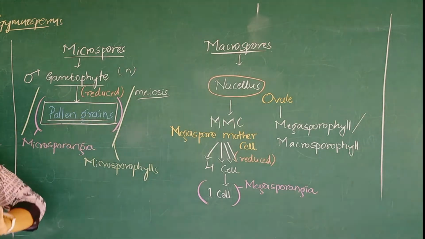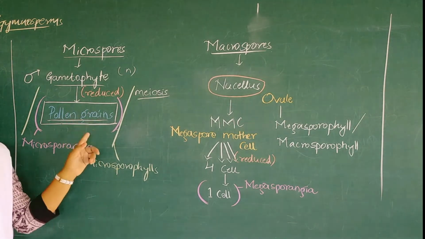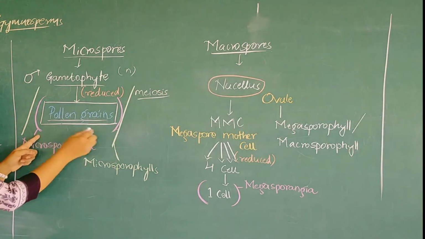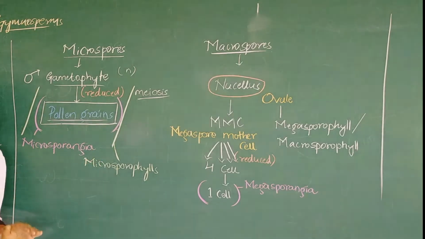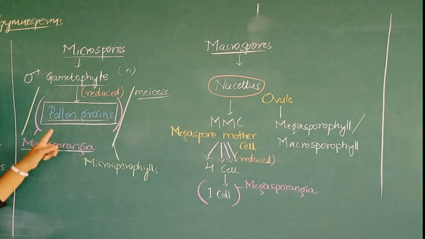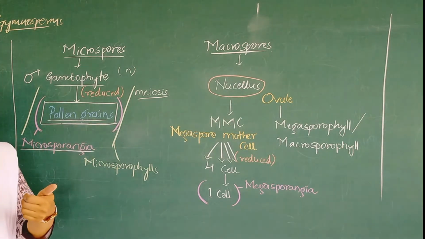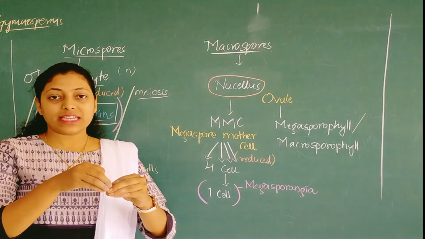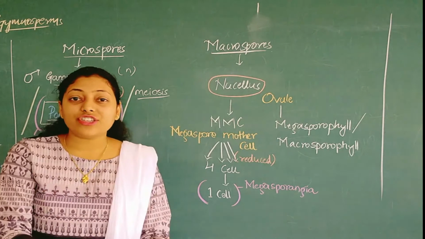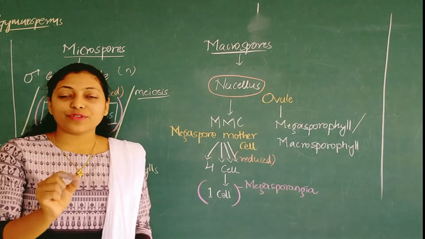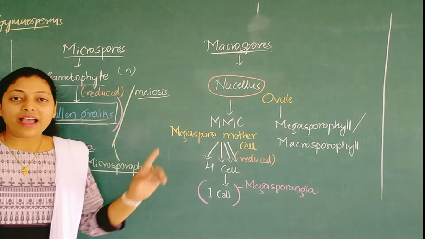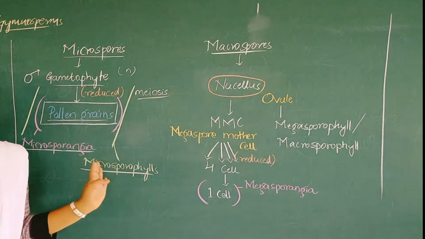The pollen grains themselves are the male gametophyte which you see in Gymnosperms. These are covered by the microsporangia, and these structures, microsporangia consisting of the pollen grains, are attached on the apex of a leaf, and that region is called the microsporophyll. Is it clear? I hope I have made it clear for you to understand.